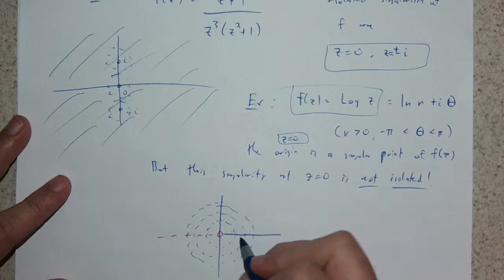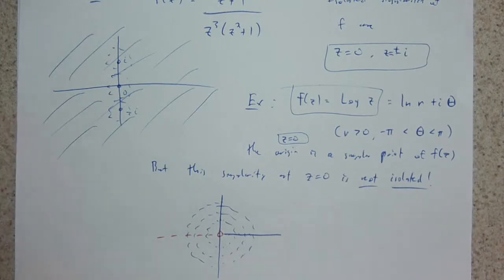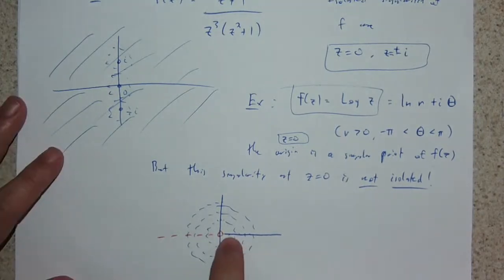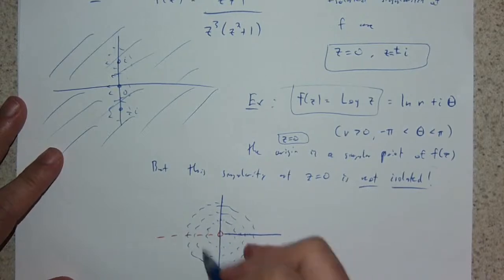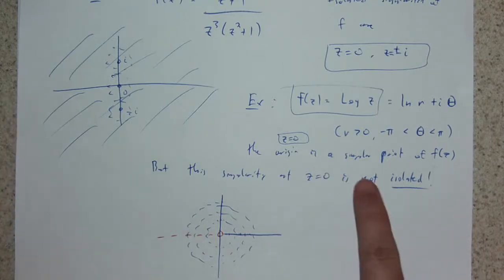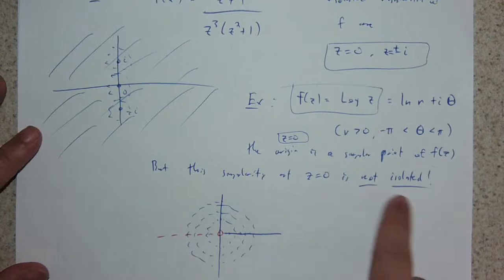So, for instance, pick some point here on the positive x-axis. This function's analytic at those points that I've indicated here. And so any neighborhood I draw centered at the origin has some point at which f is analytic, and so it's a singular point. That's easy to see. But it's not isolated.